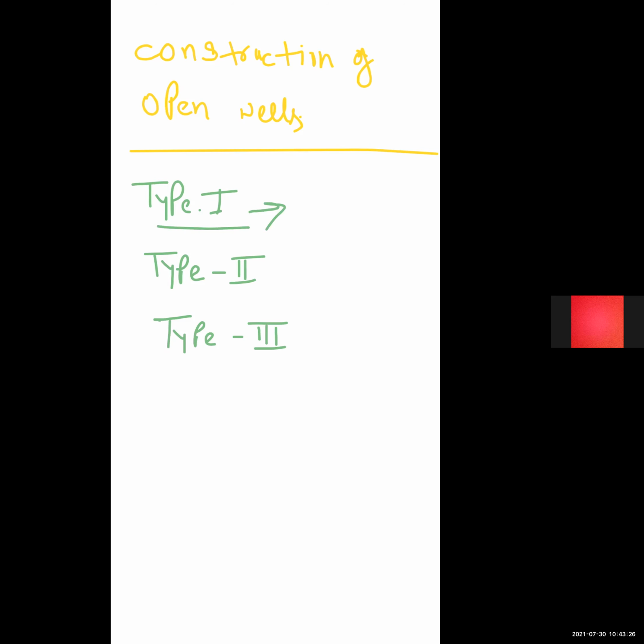For constructing such a well, a pit is first of all excavated, generally with the help of hand tools or in soft moist soil. Masonry lining is then built up on the curb up to a few meters above the ground level.